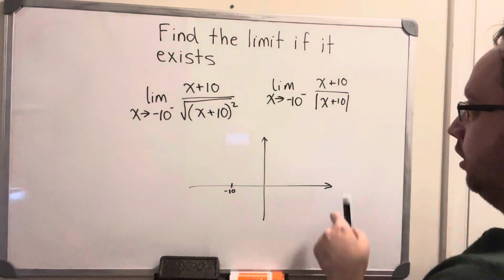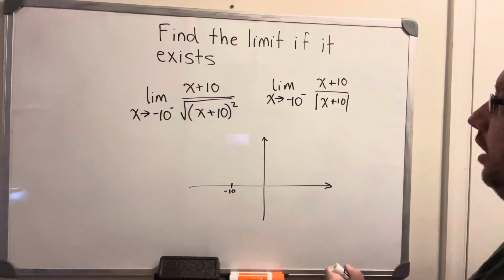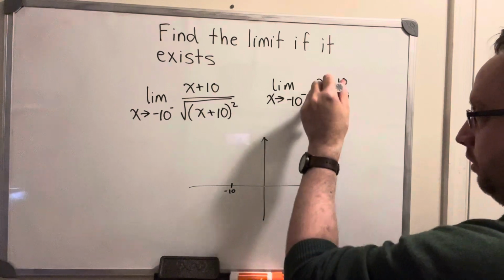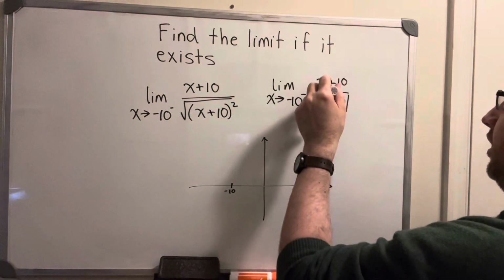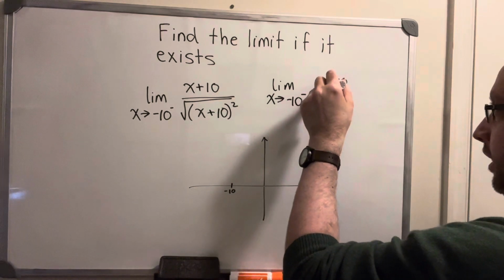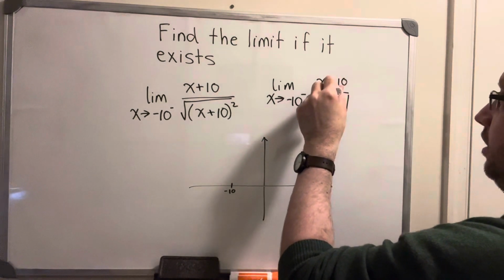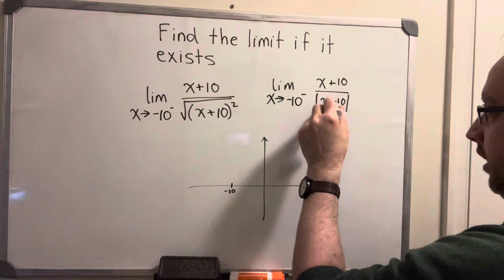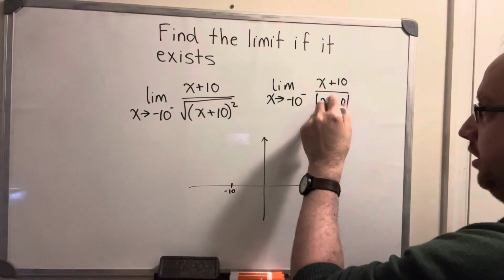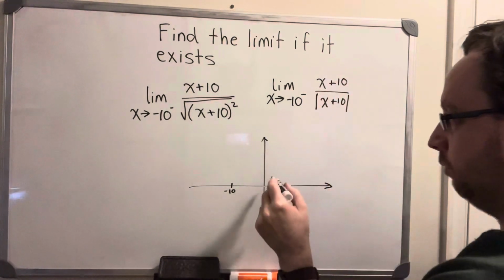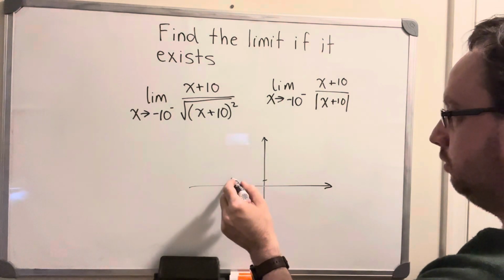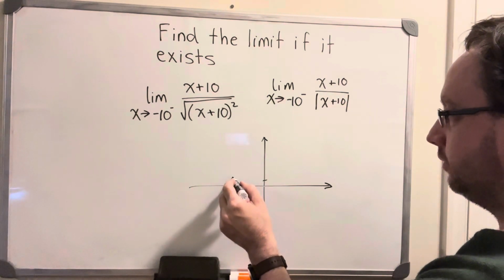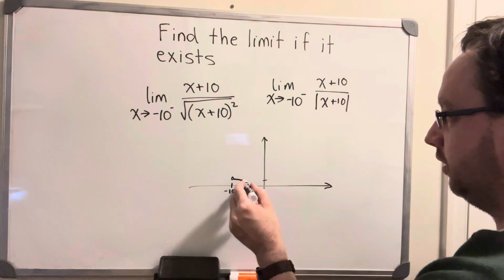The denominator is always going to be positive, and they have the same magnitude. So at negative 9, the top would be 1, and the absolute value of negative 9 plus 10 is 1. So this would be 1 over 1, which would be 1. All values would be 1, right?